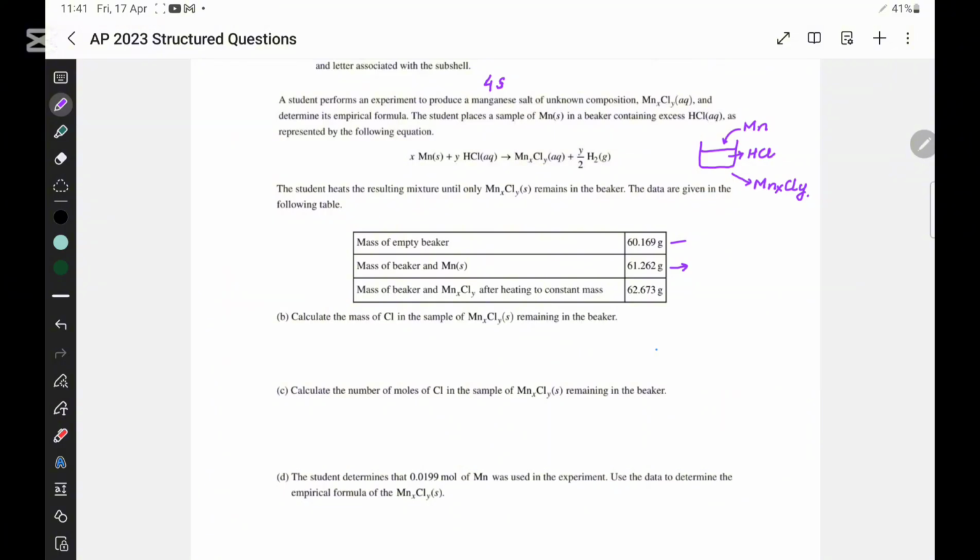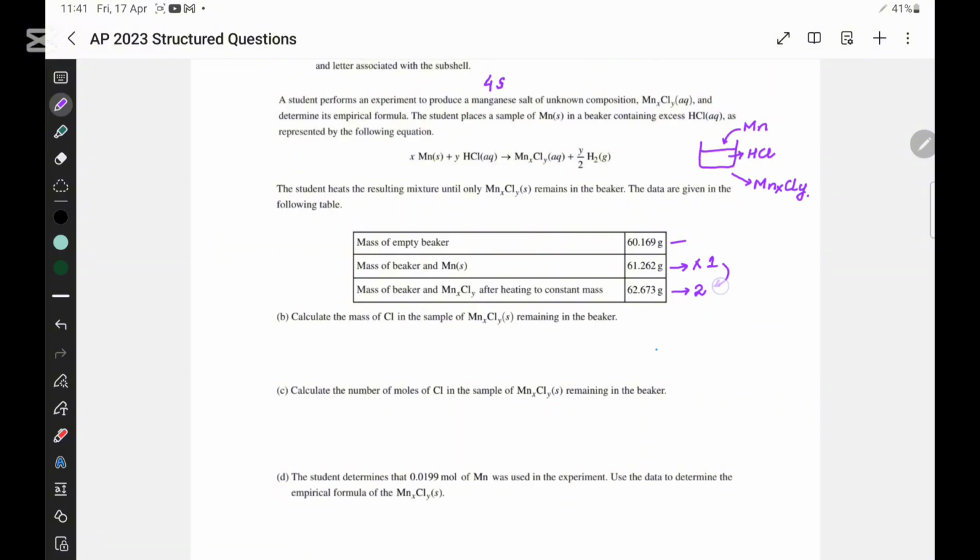They are saying calculate the mass of chloride in the sample of MnXCl remaining in the beaker. So when we want to find out how much mass of Cl there would be, this was the mass of manganese and the beaker, and this is the mass when chloride has been formed. So this is the second mass, this is the first mass.